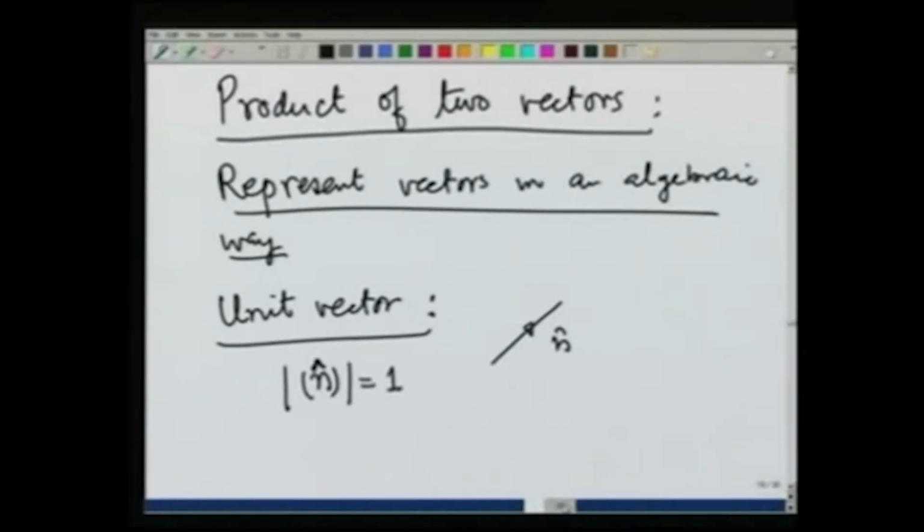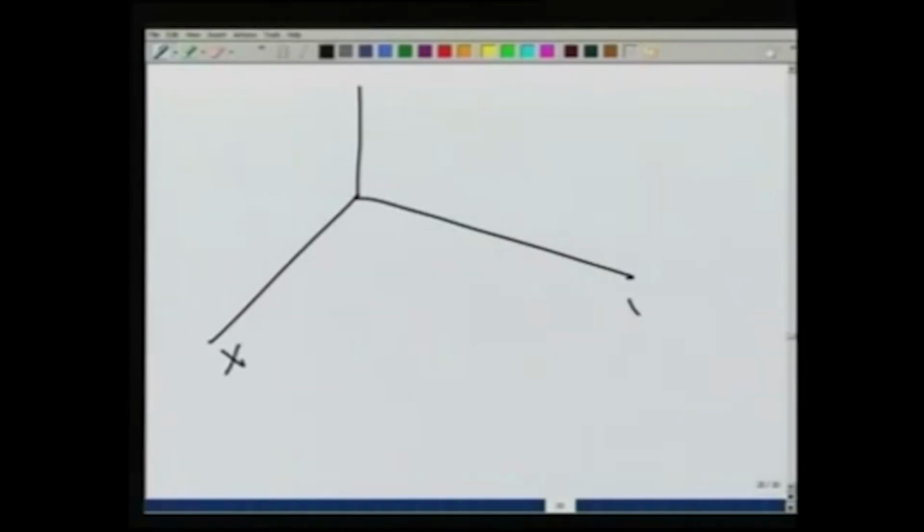In particular, now we will take the x, y and z axis, a Cartesian coordinate system, and define unit vectors in x direction, call it i, unit vector in y direction, call it j, and unit vector in the z direction, call it k.